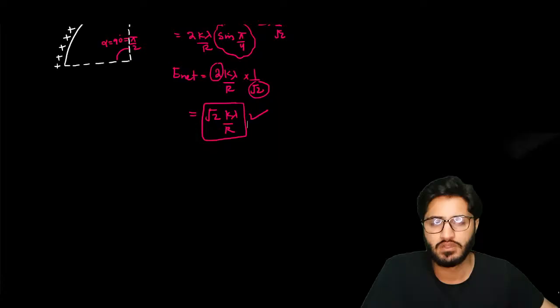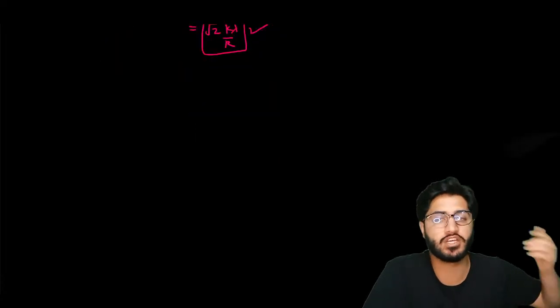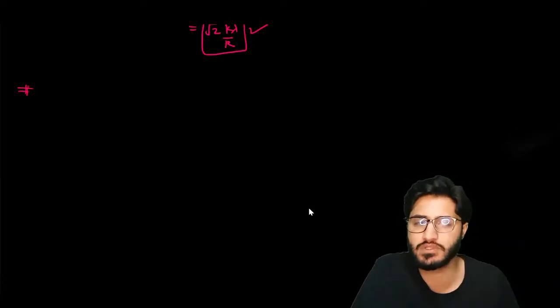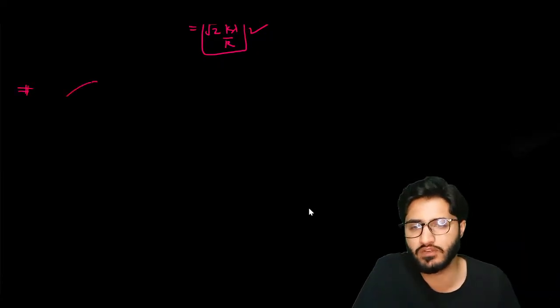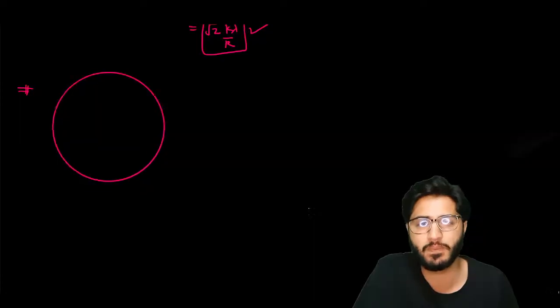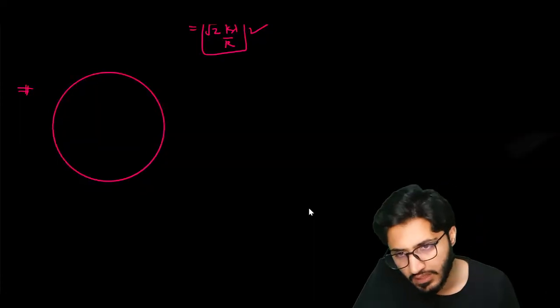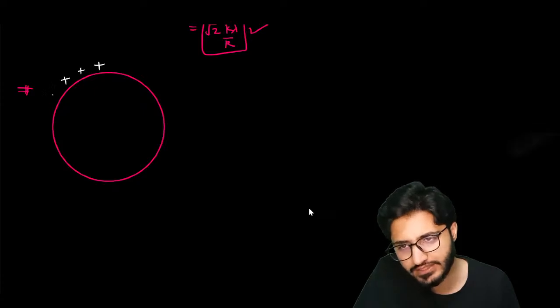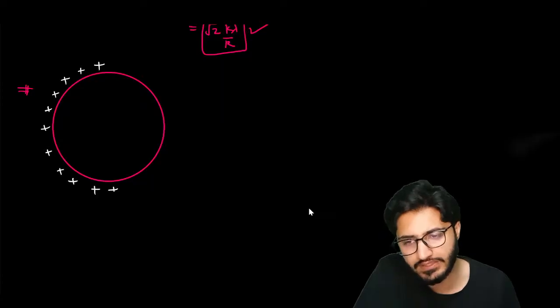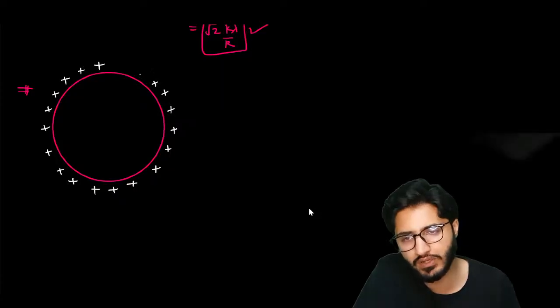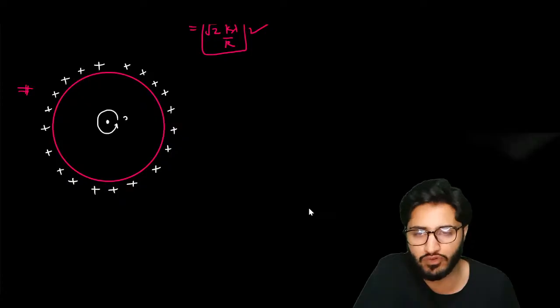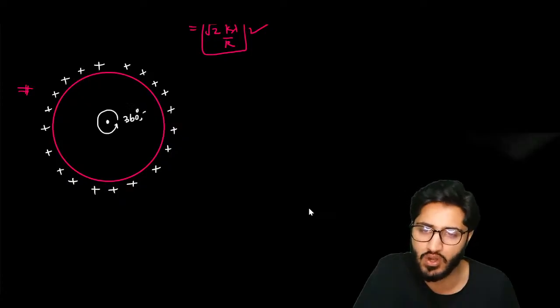Now let's talk about a circle. If we have a circle like this, and on the circle we have the charge distribution like this, I need to find the electric field at the center. The angle would be 360 degrees or 2 pi radian.